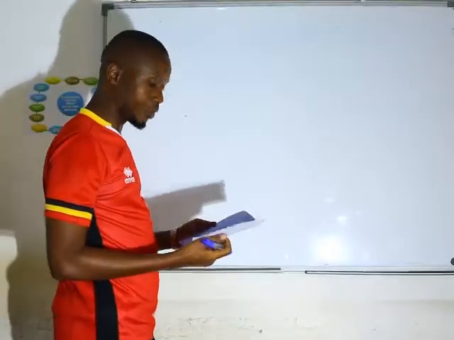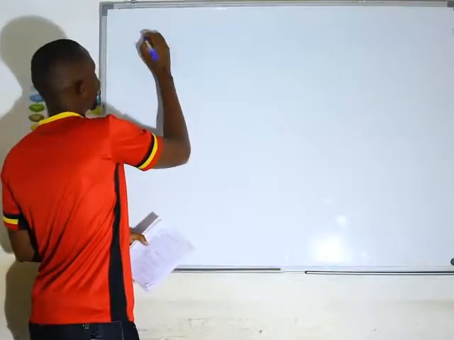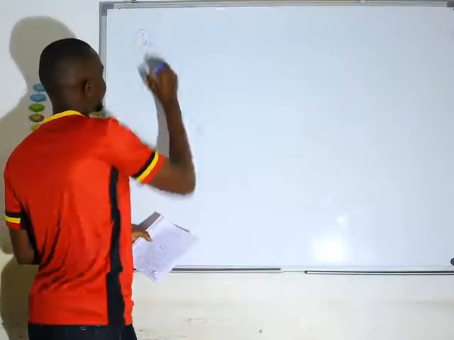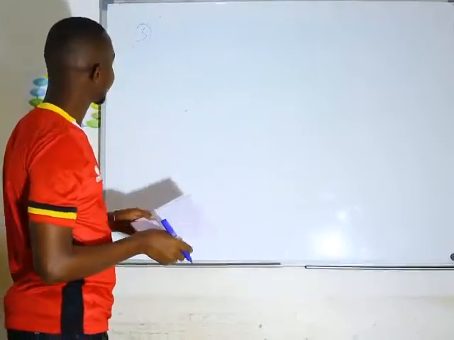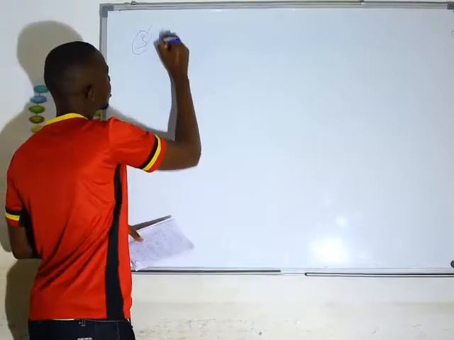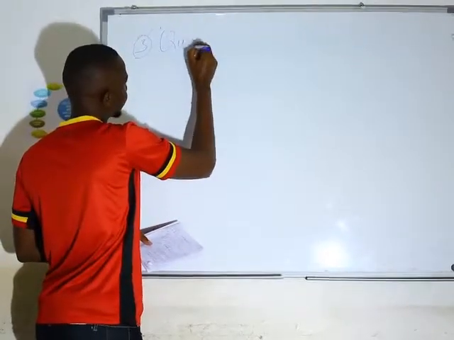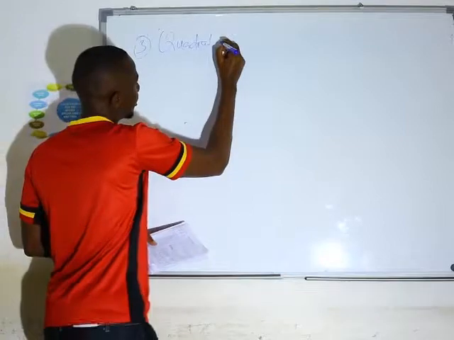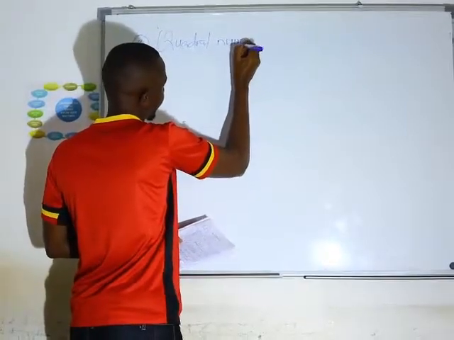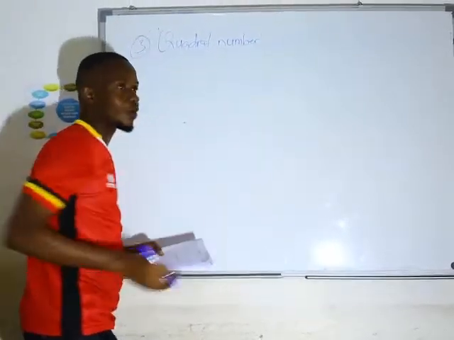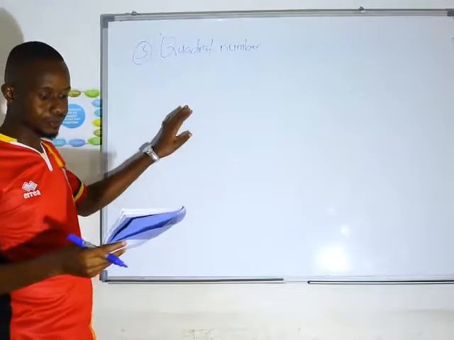So we go to our third term, which is called the quadrant number. So what is the quadrant number?